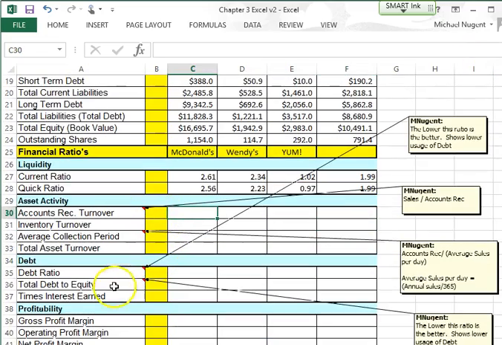Okay, so let's move on to accounts receivable turnover. Now, these restaurants do have accounts receivable because they do sell to the franchisees on account. So when you own a McDonald's franchise, you're buying McDonald's laundry detergent, McDonald's Clorox, McDonald's everything. So that's how McDonald's makes money. They sell everything to the franchisee.